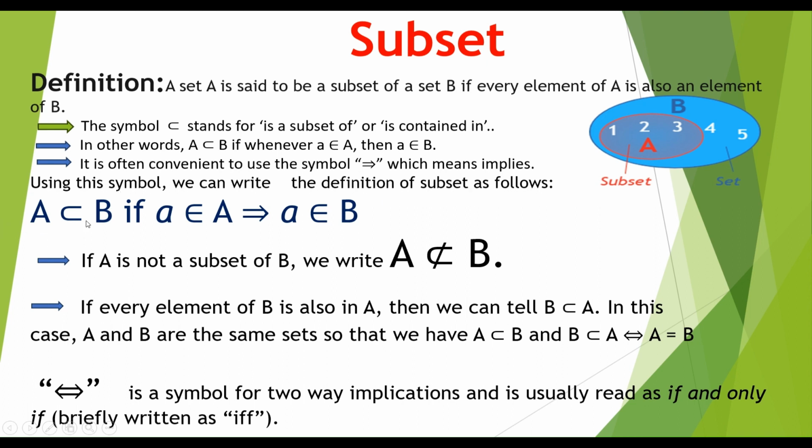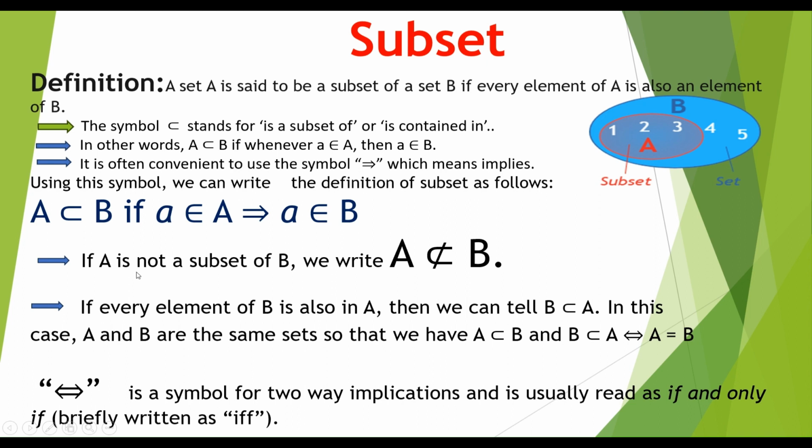A is a subset of B if small a belongs to set A, which implies small a belongs to set B. Okay, you think set A is having the element a and set B is also having the element a. Then only we are going to call that a subset. A is a subset of B whenever both the sets are having the same elements.